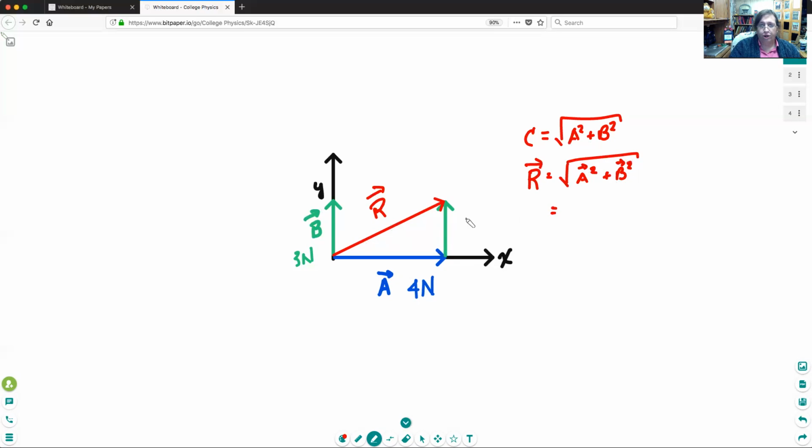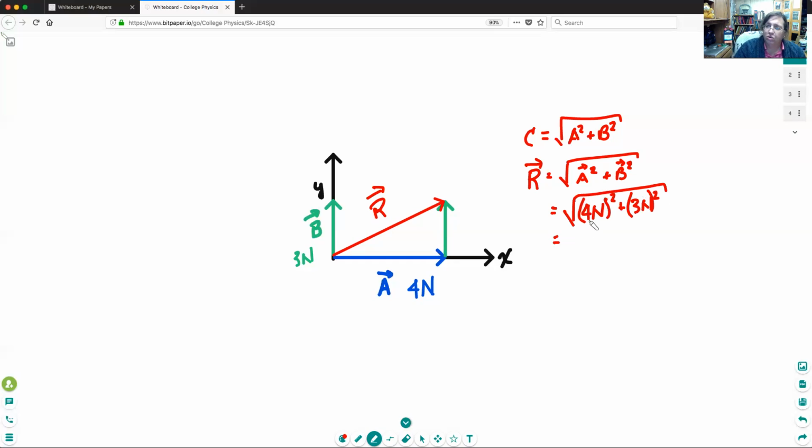And putting our numbers in, we have the square root of 4 newtons squared plus 3 newtons squared. And we're taking the square root of everything that's there.